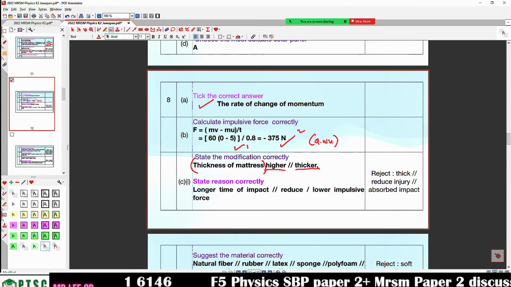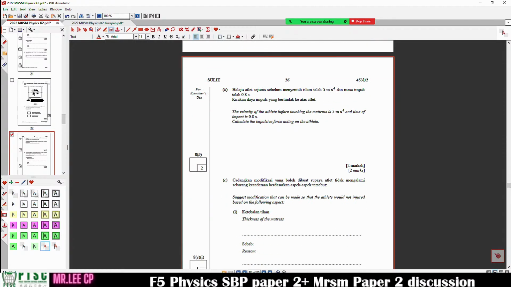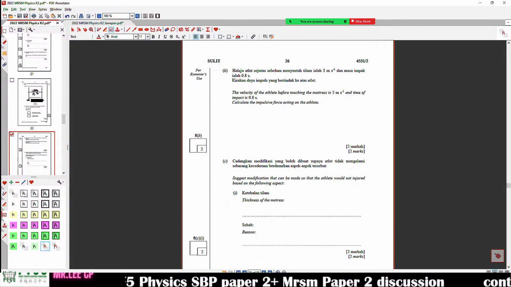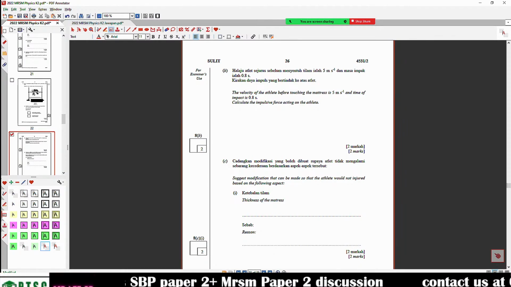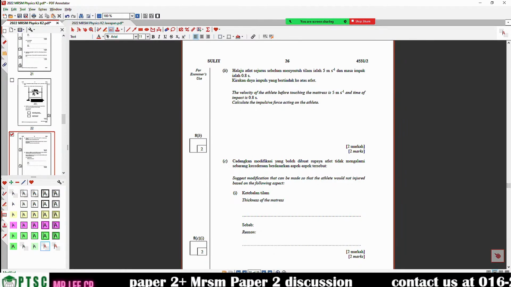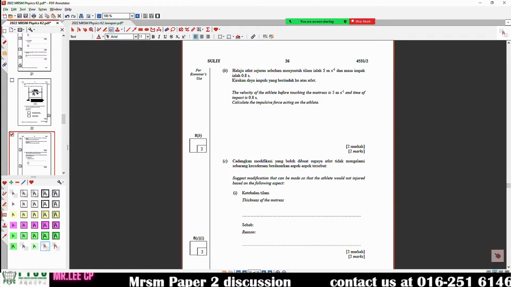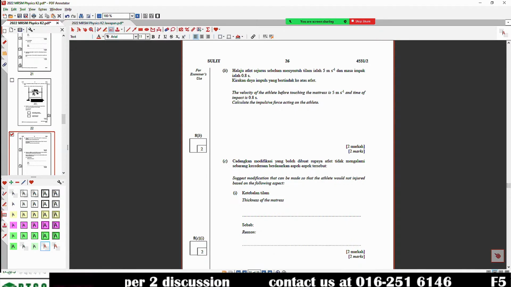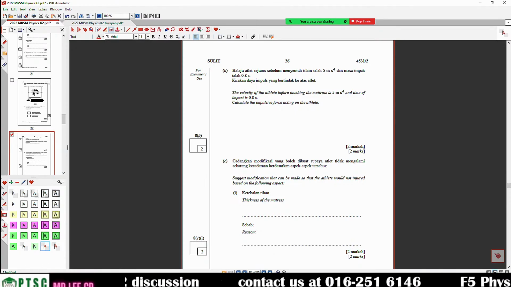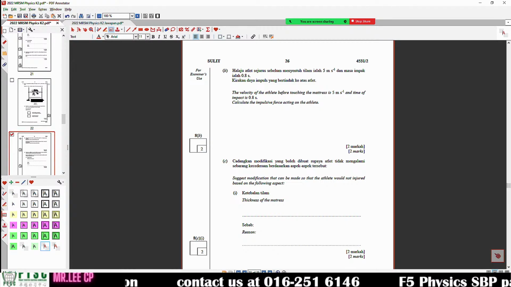Okay, the second one. Suggest a modification you can make so that the athletes would not be injured based on the following aspect: the thickness of the mattress. The thickness of the mattress is thicker.